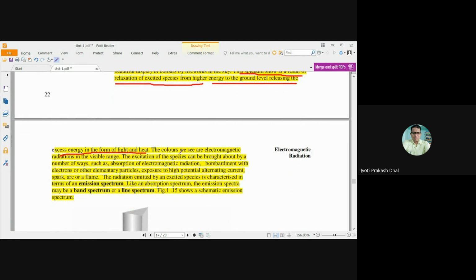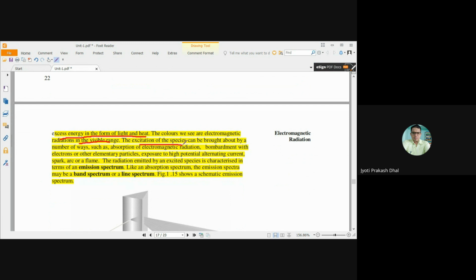The colors we see are electromagnetic radiations in the visible range, and the excitation of the species can be brought about in a number of ways, such as absorption of electromagnetic radiation, bombardment with electrons or other elementary particles, exposure to a high potential alternating current, spark, arc, or flame, etc.